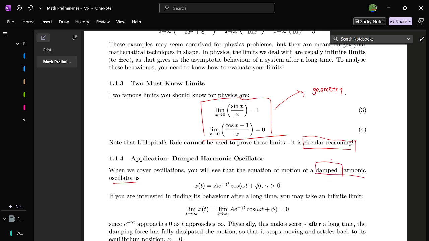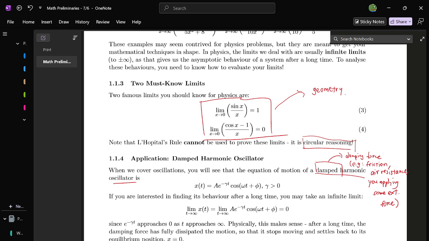Damped means there's a damping force, which can be friction, air resistance, or you applying some external force, etc. And this is being applied to a harmonic oscillator, which is just an object in SHM.